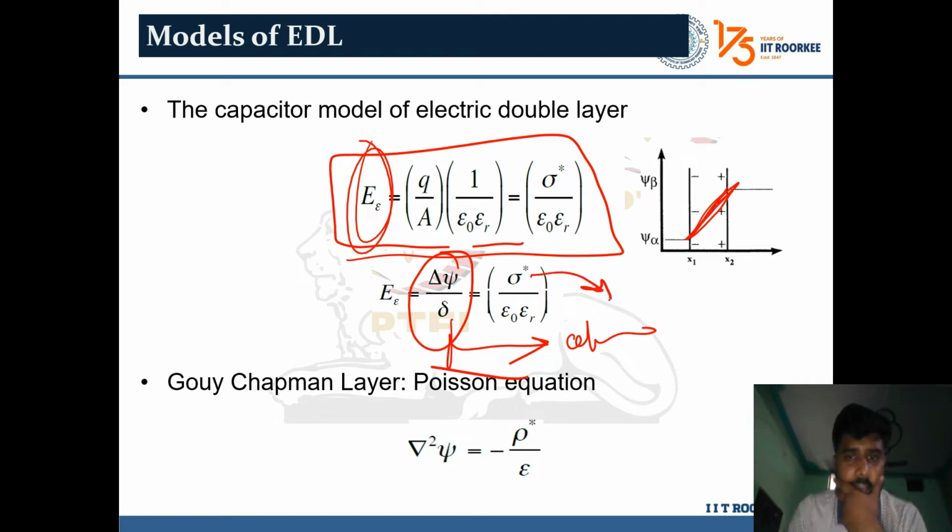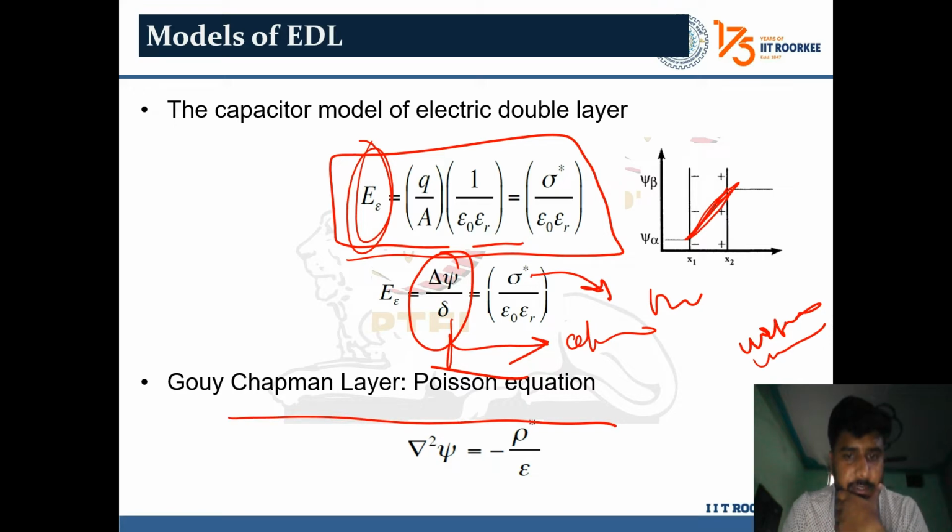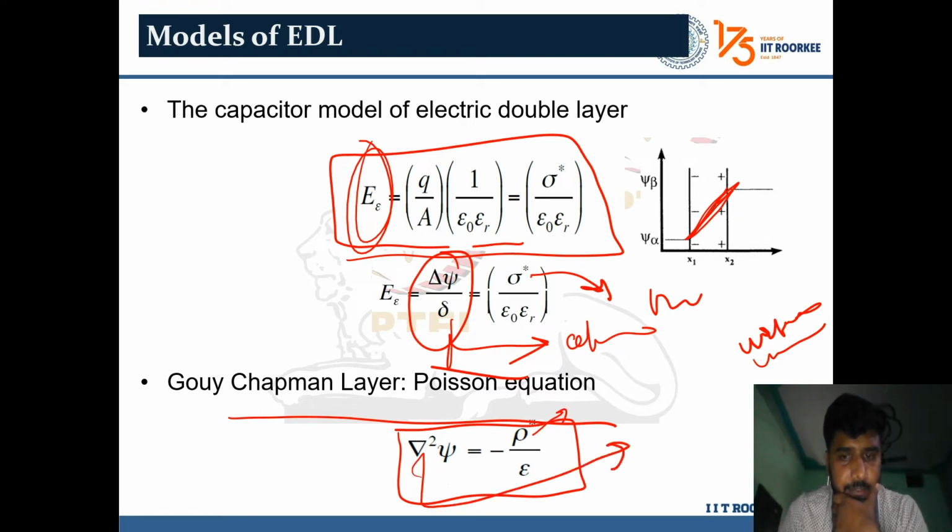Sigma star is the surface charge density. Second is the Poisson equation, which you are already familiar with, that is del square psi is equal to minus rho star by epsilon. This is also the charge density, but for one dimension you can write it like this.